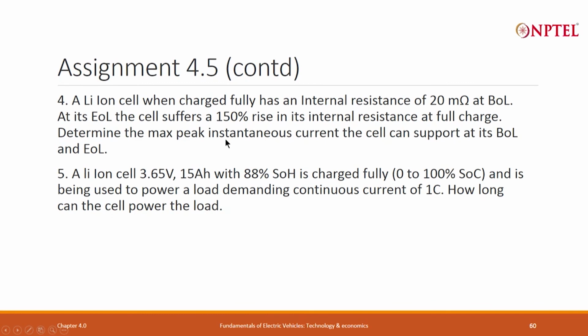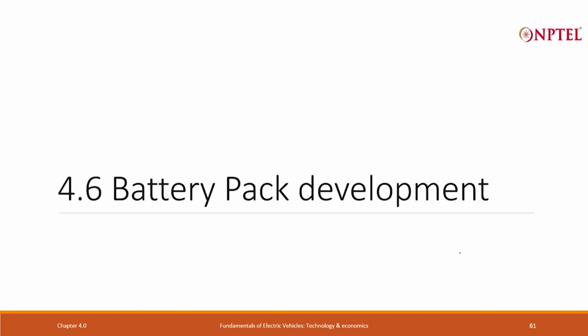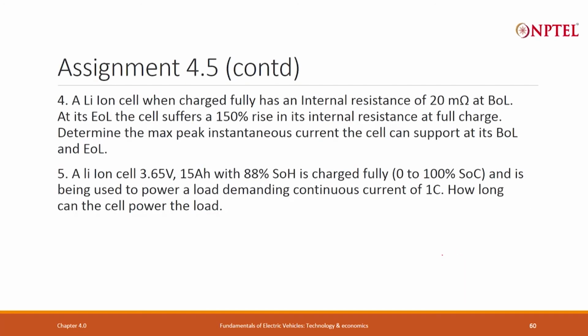Based on that, you can actually estimate what peak current it can sustain, because if you put a very large current, your voltage will go to 0, effective voltage is going to 0. Think of an equivalent circuit, there is an open circuit voltage, and this is your load.